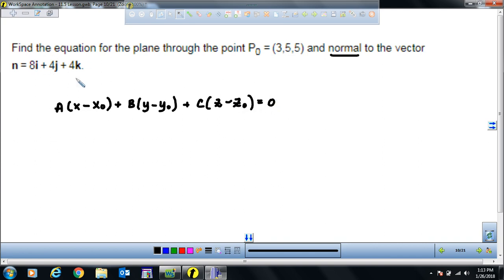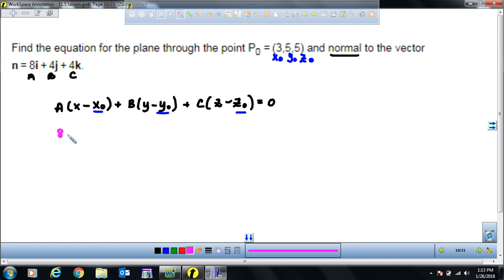Since this vector is normal to the plane, that means that these are going to be the same as the A, B, C components of that plane. And the plane passes through my initial x0, y0, and z0, which is 3, 5, 5. So those will be the values for one of the points of the plane. That's all I need to get the equation in terms of x, y, and z. So let's substitute everything we know.